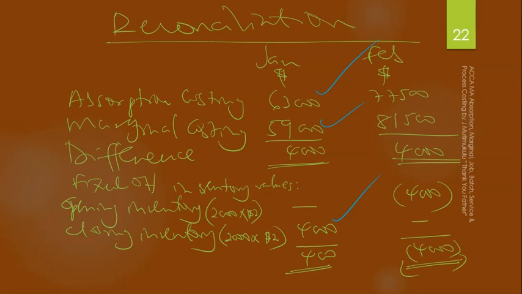So in that situation, the marginal costing income statement has a larger profit than that of absorption costing.